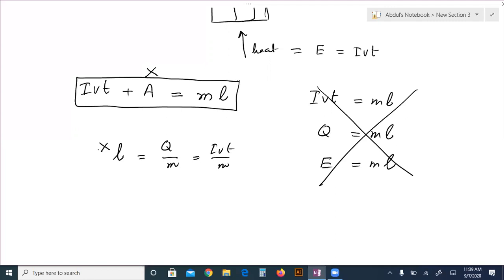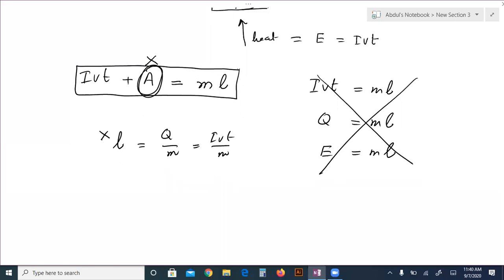It is underestimated. It is smaller than the actual. So all calculations of the specific latent heat based on the O-level syllabus were underestimated. Those values were smaller than the actual. So to correct this, we have to add this absorbed energy as well.